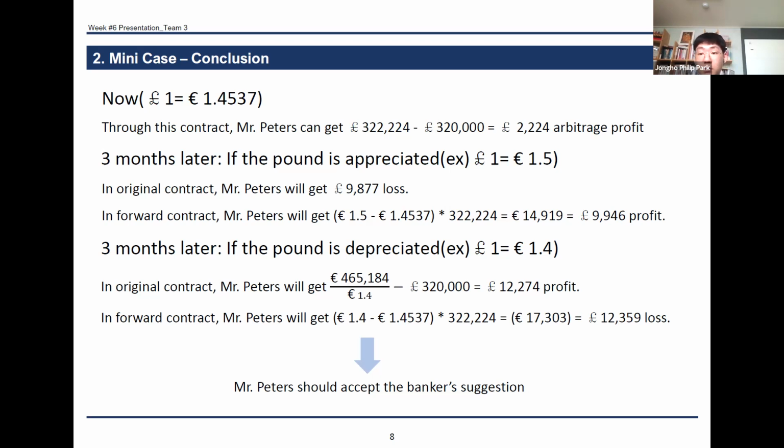And if the pound is depreciated, if we just calculate this and apply the same equation, we can get a 12,274 pound profit and a 12,359 pound loss. So we can see here, compared to the arbitrage profit, the profit or loss according to the pound appreciation or depreciation is a bit trivial.